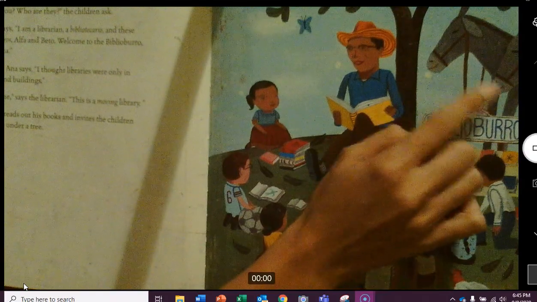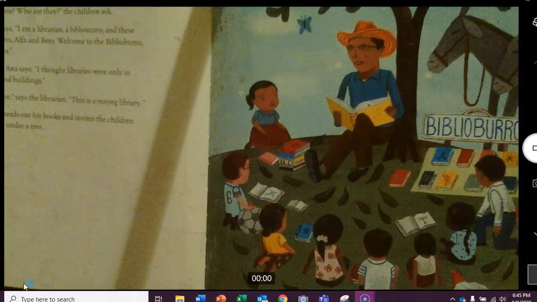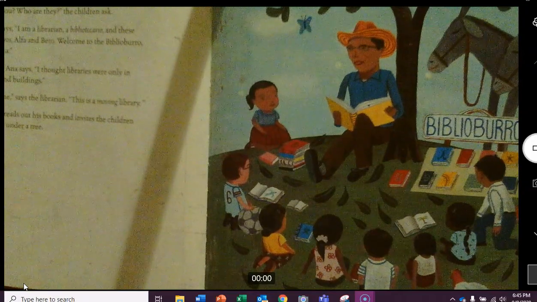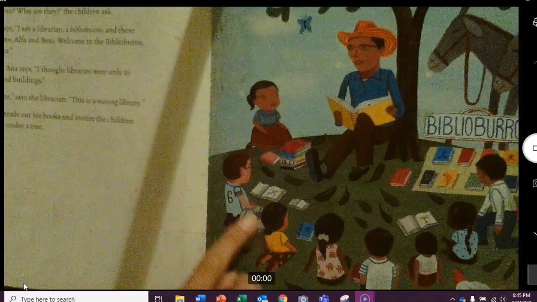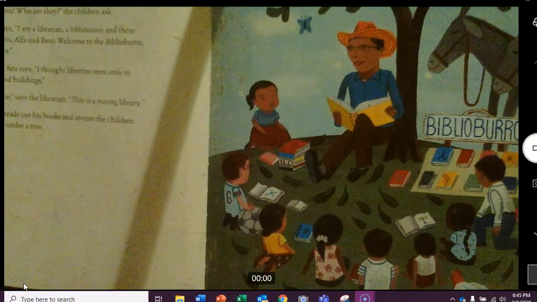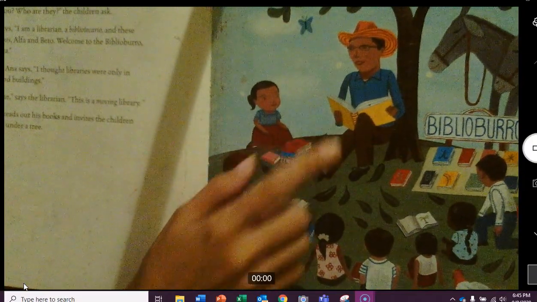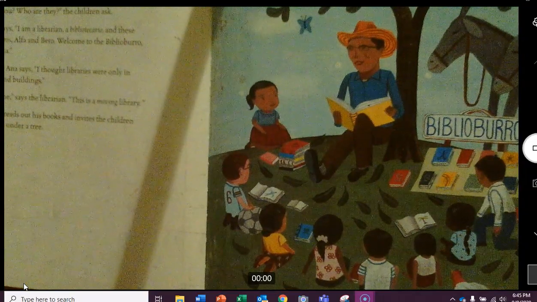Yes, his burros, his donkeys, Alpha and Beto. What else do you notice about this picture? Yes, you notice that a lot of children are sitting around getting ready to either listen to a story or read a story.